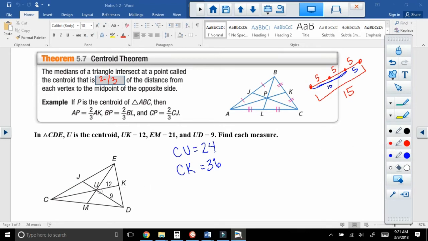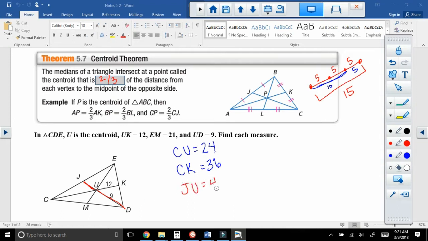Okay, let's look at this piece here. So this is 9, U to D. Is this the 2/3 piece or the 1/3 piece? It's the 2/3 piece. So how could I find the 1/3 piece? Divide it by 2. So sometimes you might get a fraction for this. That's fine.